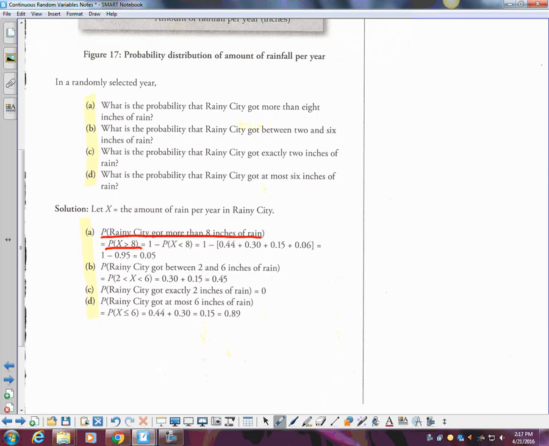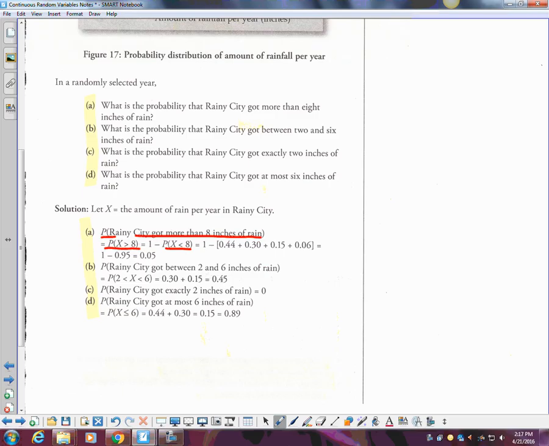Well, if this is more than, and this is more than or equal to, isn't it? Okay, no, it's not. Why is it not equal to? There's no equal to here, and there's no equal to here. Why? Because for binomial, somebody had to have the equal to. Why do we not have the equal to here for continuous?